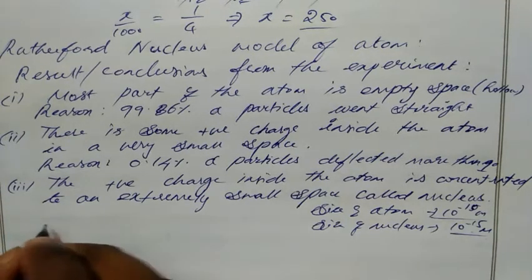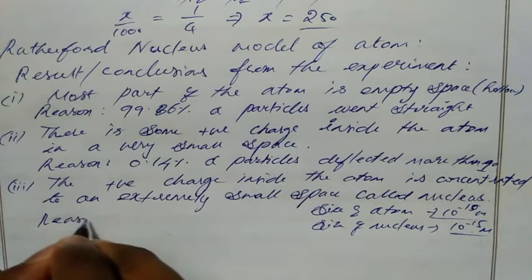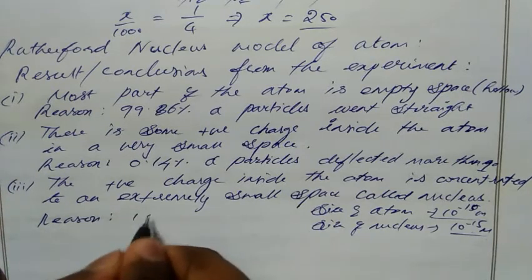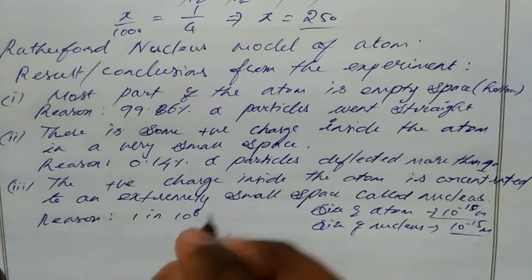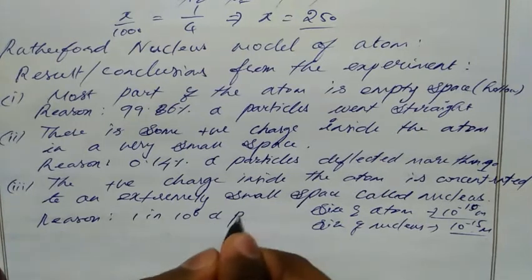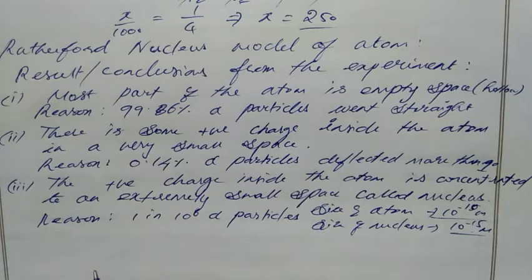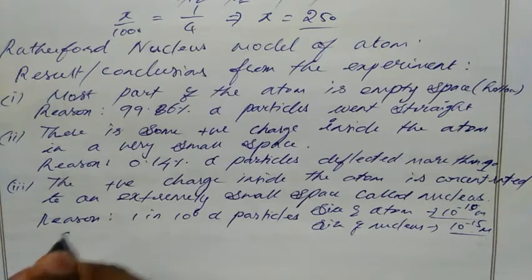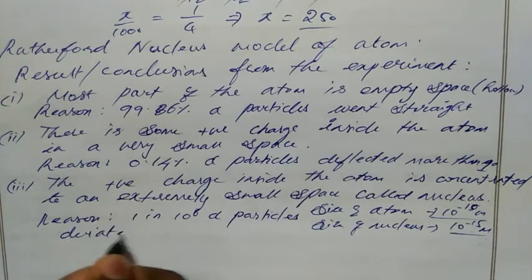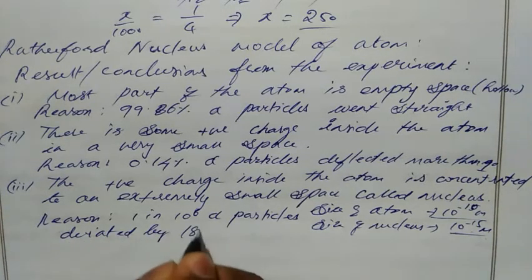So what is the reason for this? We know 1 in 10 power 6 alpha particles returned back, which is deviated by 180 degree.